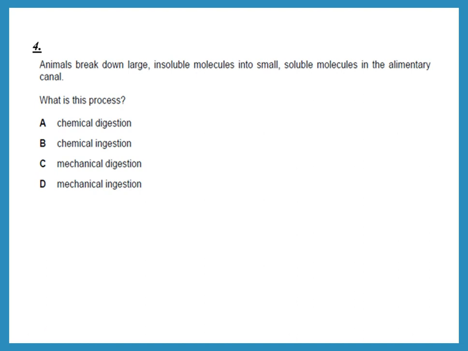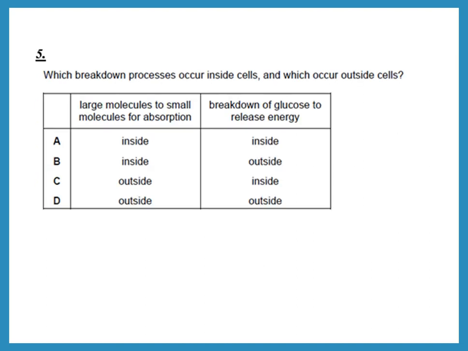Animals break down large insoluble molecules into small soluble molecules in the alimentary canal. What is this process? Large molecules into smaller molecules. Is that chemical or mechanical? That is chemical. Chemical what? Chemical digestion, not chemical ingestion. Okay? Which breakdown processes occur inside the cells and which occur outside the cells?